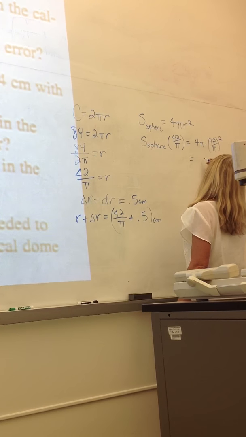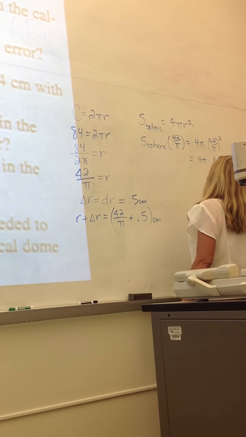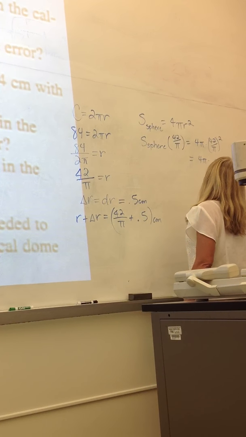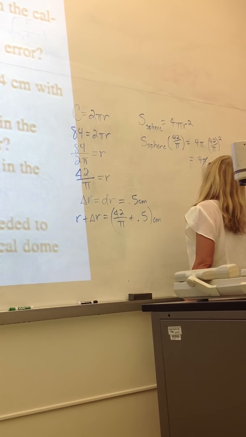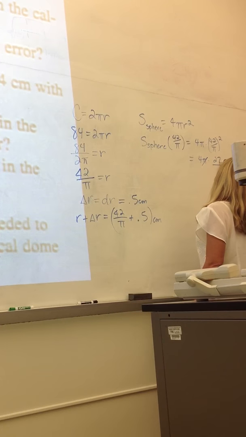Again, I'm purposely trying to leave these as exact as possible. Let's see, does somebody want to square 42 for me? 1764. 1764, okay.